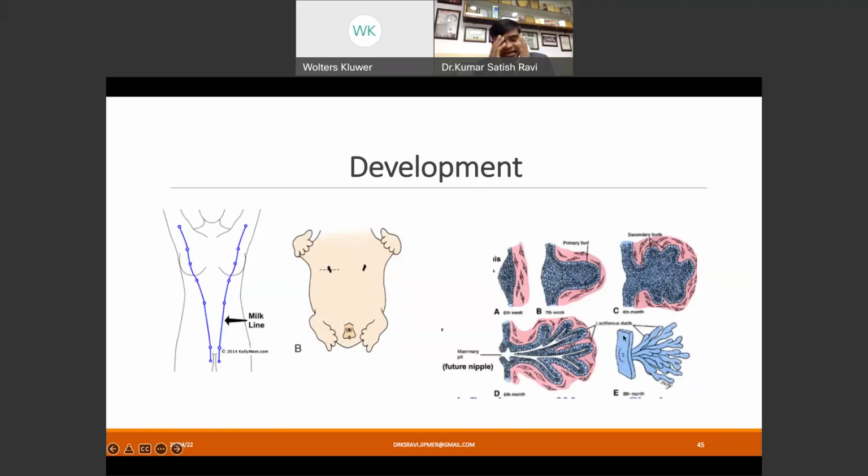Now, the entire system is initially solid, but later on it gets canalized, right? At birth, or later, the nipple is everted at the site of the original pit. The growth of the mammary glands at puberty is caused by estrogens.